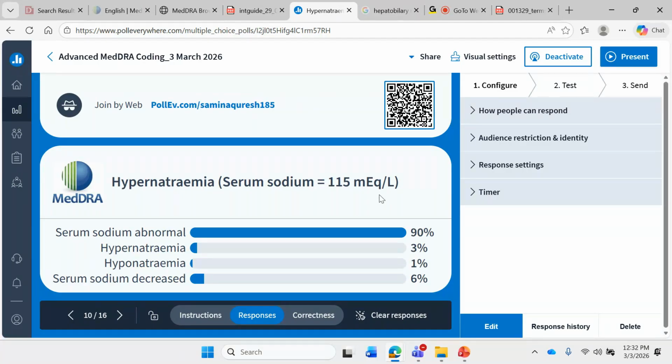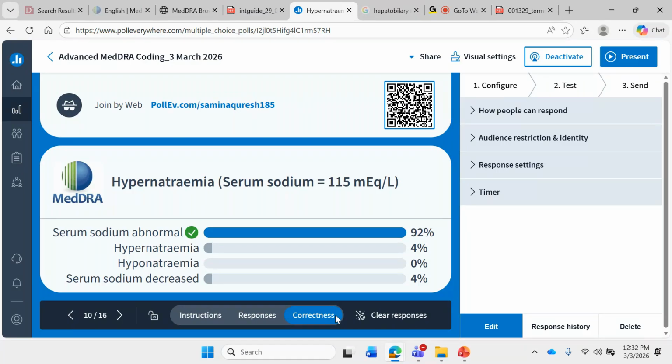And we congratulate our participants because 90% are saying the correct answer, which is serum sodium abnormal. And the reason it's abnormal is because we have conflicting information, right? Primarily, I would try to query to get the reason for the conflicting information.